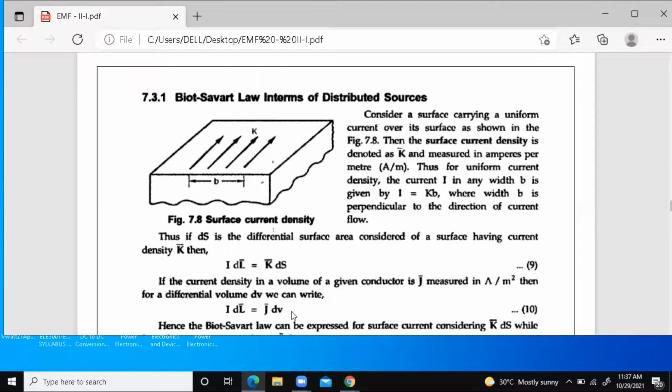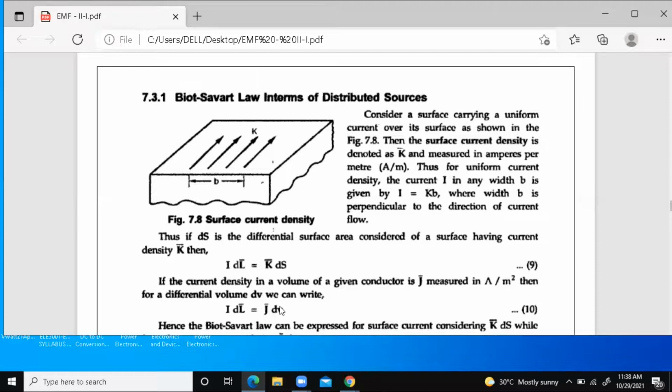And in the case of the volume charge, dV, if you consider your conduction through a rod, the copper rod would be your wire.